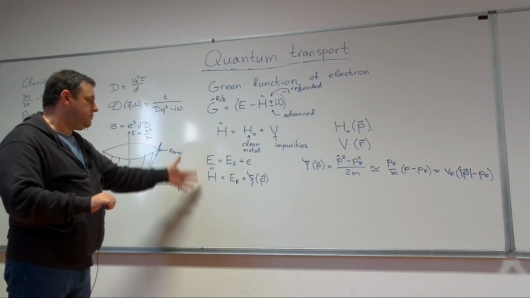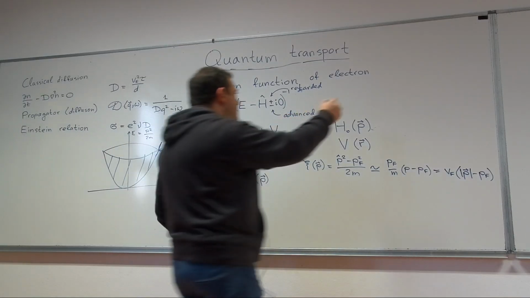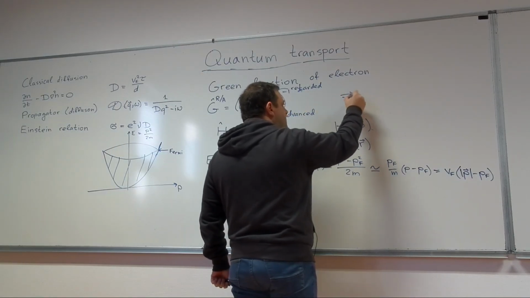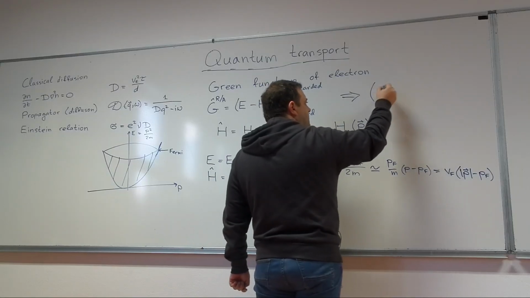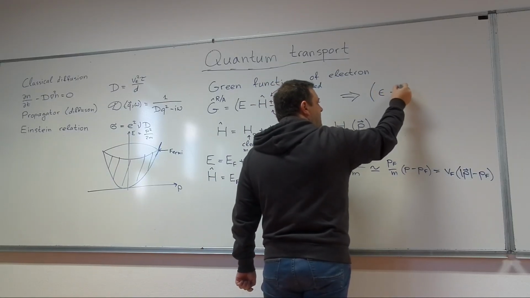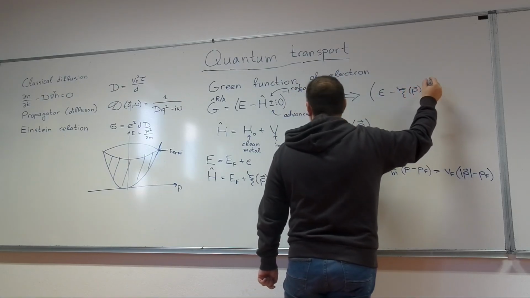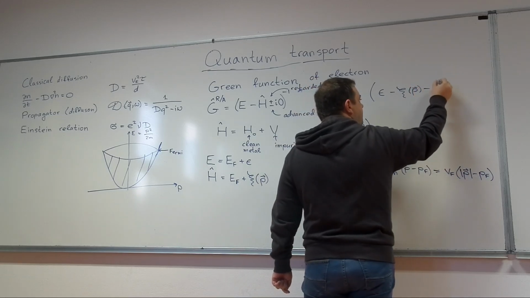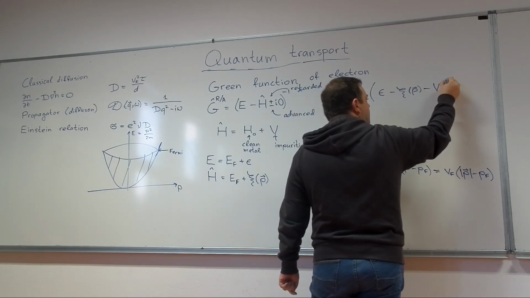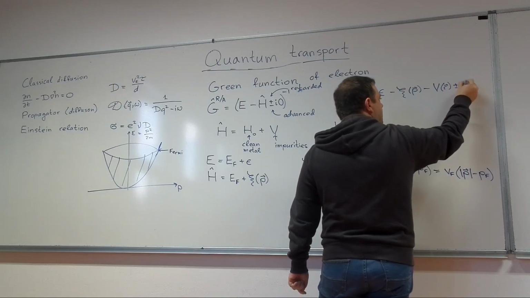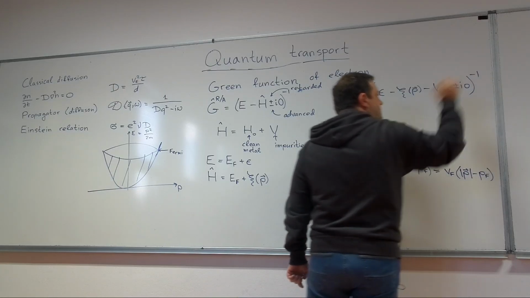So if we do all this, we can rewrite the green function in a very similar way. It's (epsilon minus psi of p minus V of r plus or minus i0) inverse.